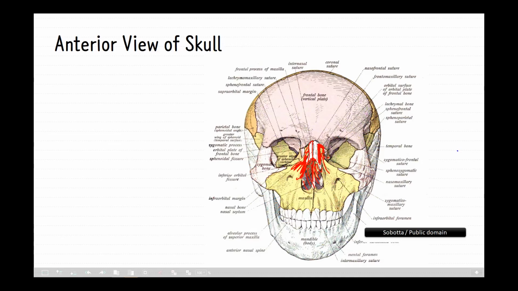The anterior nasal aperture is piriform in shape, wider below than above, the opposite of the general shape of the skull. It is bounded by the two nasal bones and the two maxillae.